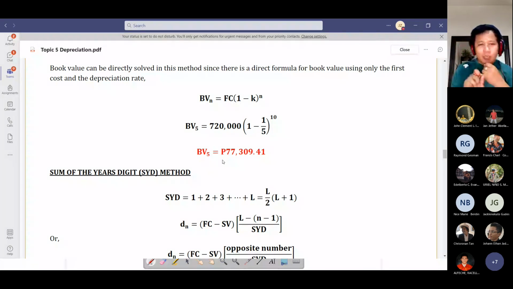The example in SYD method, solve it using declining balance method or double declining balance method. It's the same as sheet work number 4. For your sheet work number 5, solve the examples of those three methods using the other method.